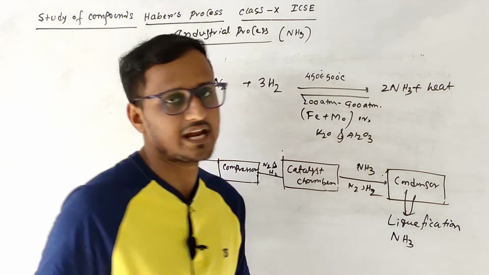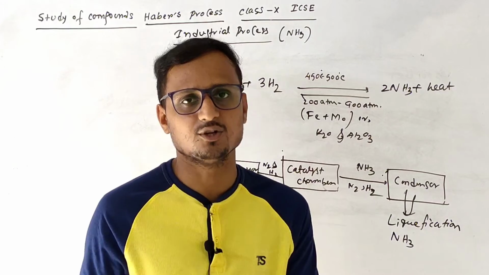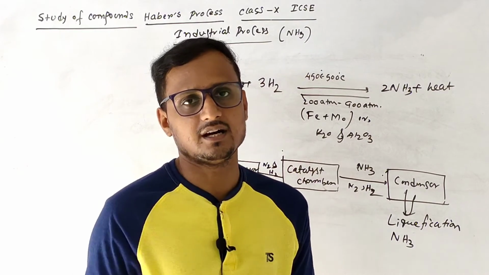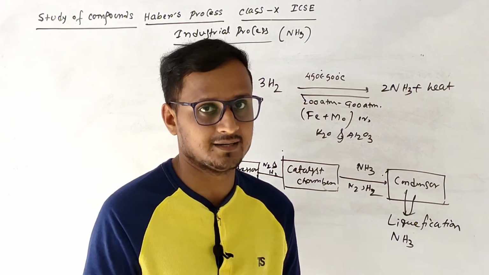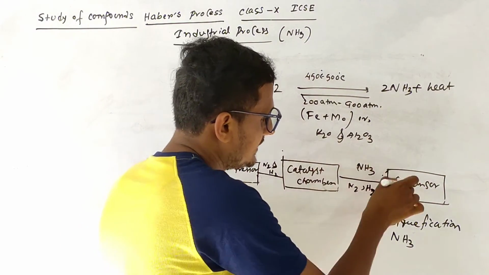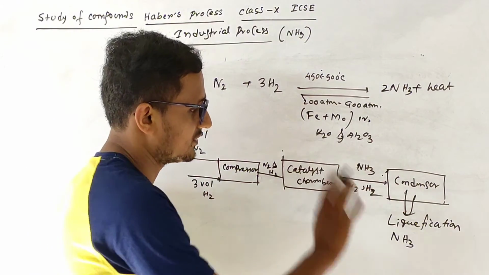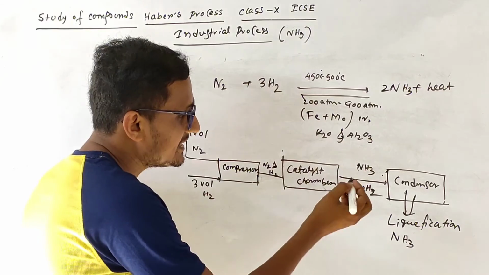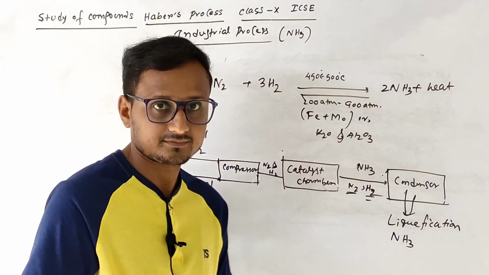Or you can go for another process, that means you can dissolve that ammonia in water, and ammonia is very much soluble in water, so it will form ammonium hydroxide, and from there you can easily separate. Okay, so what we have done is taken the mixture of ammonia, nitrogen and hydrogen in the condenser. Now what will happen with the unreacted nitrogen and hydrogen?